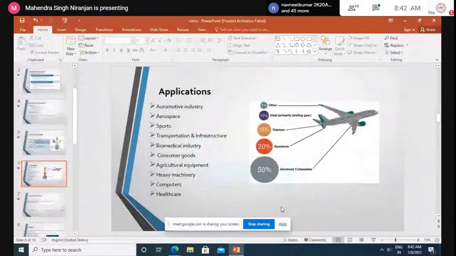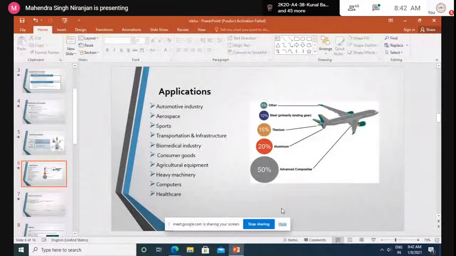And these are the applications. Nowadays these composites have a wide area of application: automotive industry, meaning the automobile industry, aerospace, sports, transportation and infrastructure, biomedical industry, consumer goods, agriculture equipment, heavy machinery, computers, healthcare, etc. Many applications are there.